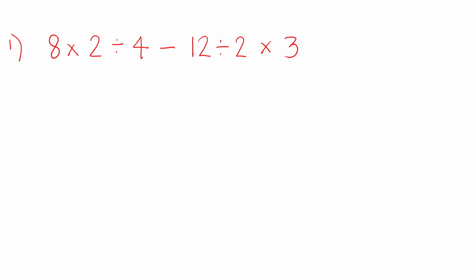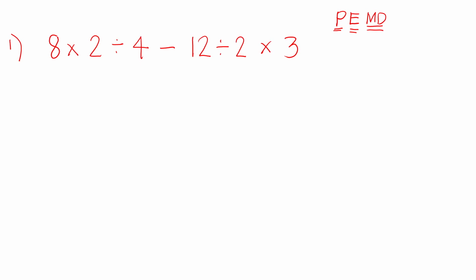Do we have parenthesis in our given? None. So we will not focus on parenthesis. Do we have exponent? No exponent. What comes after exponent? MD. So take note: parenthesis is the priority, exponent comes next, and third is multiplication and division.